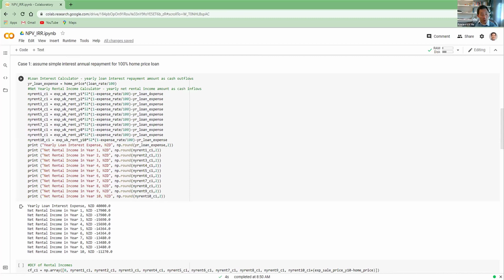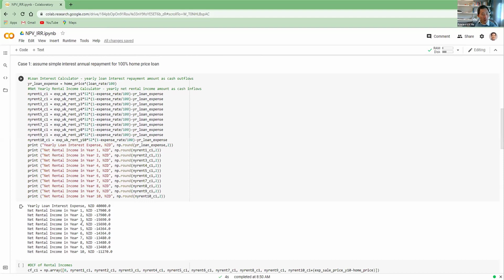Then, of course, we would also deduct the yearly loan repayment based on a simple interest calculation. In the first line, we calculate the yearly loan interest repayment as the home price times the loan rate.